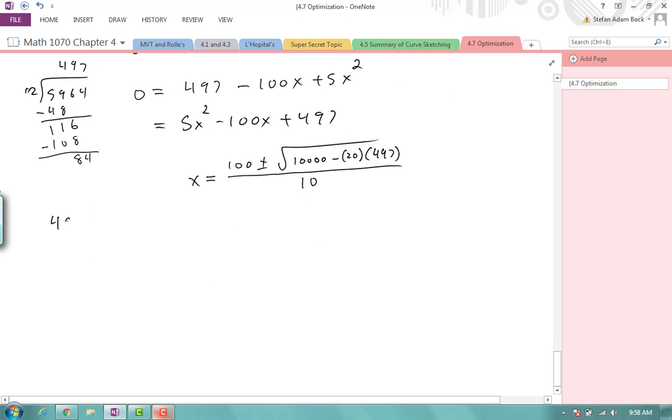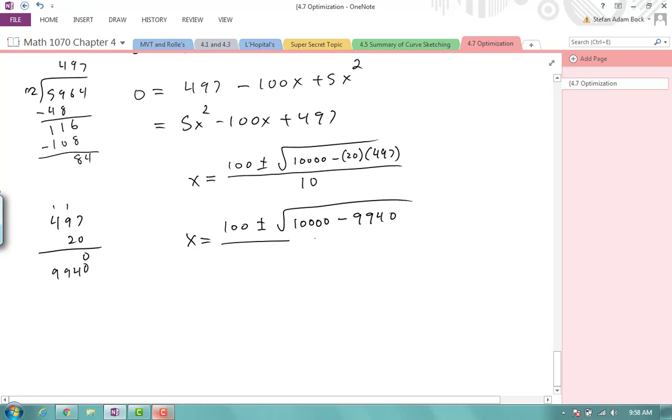Plugging right along. 497 times 20. What is that? 9,940. How convenient. So x is equal to 100 plus or minus the square root of 10,000 minus 9,940 all over 10, which is 100 plus or minus the square root of just 60 all over 10. 60 divided by 2 is 30, divided by 2 is 15.